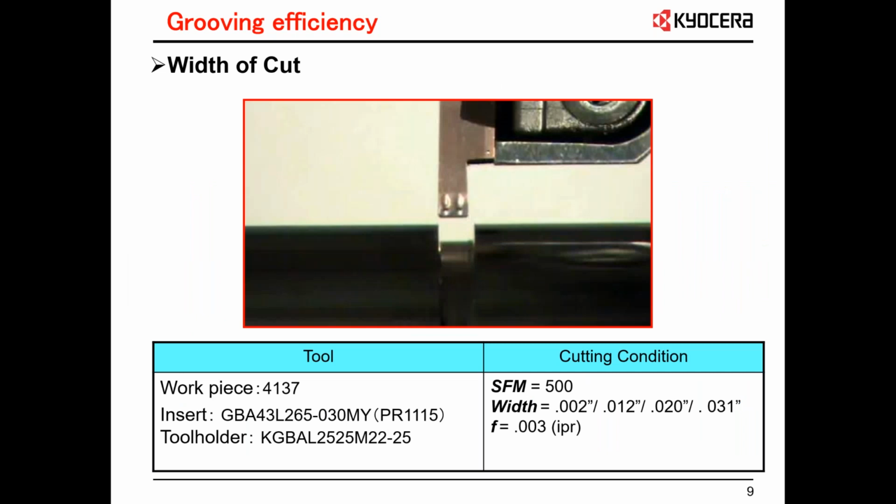Now let's look at how the width of cut affects it. So we're running it at 500 SFM. We're sticking with 3,000 inches per rev. Now we're trying different widths on the sidewall. We're going to go in depth of cut of 2 thousandths, 12 thousandths, 20 thousandths, and 31 thousandths.